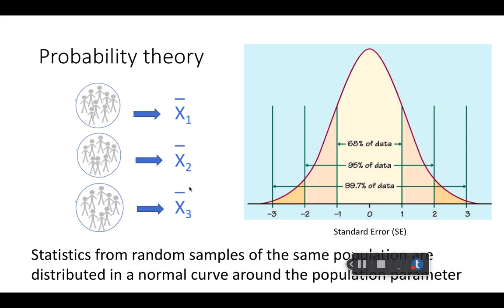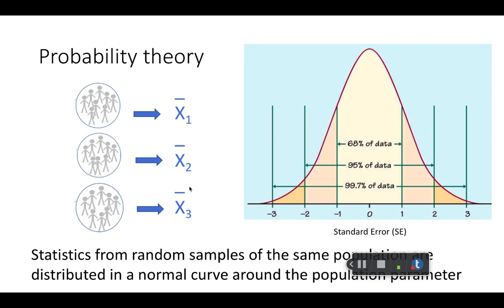Probability theory, which is going to be very important for lots of reasons in this class, suggests that statistics from random samples of the same population are distributed in a normal curve around the population parameter.